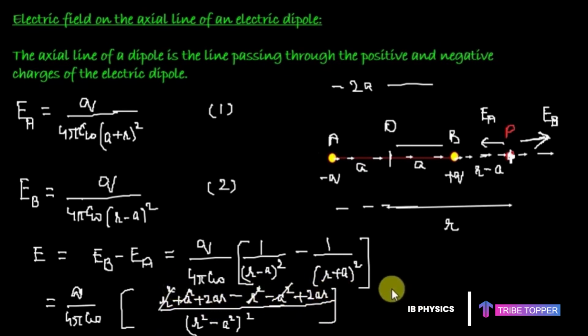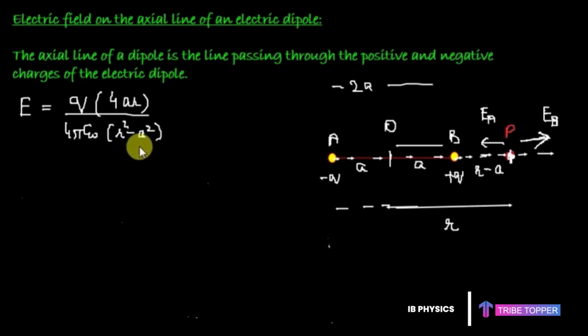I'm just left with the expression Q times 4ar upon 4 pi epsilon naught into r square minus a square whole square. So we have got the expression as E is equal to Q times 4ar upon 4 pi epsilon naught, r square minus a square whole square.